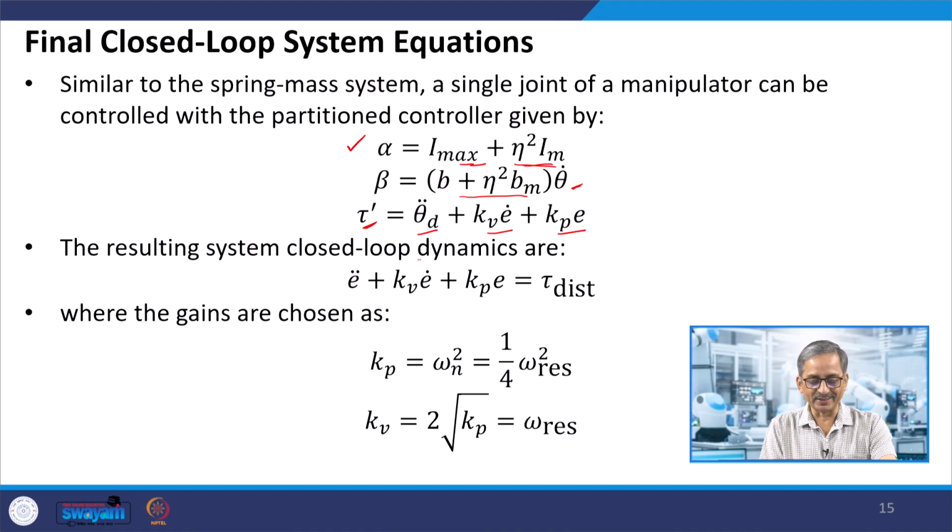The resulting closed loop system dynamics will be this one, and this will be equal to the disturbing torque. How we have come from this equation to this equation, we have seen in the previous lecture. So, those who have any doubt, please refer to my previous lecture. And here the gains Kp and Kv are chosen this way, considering the structural flexibility.